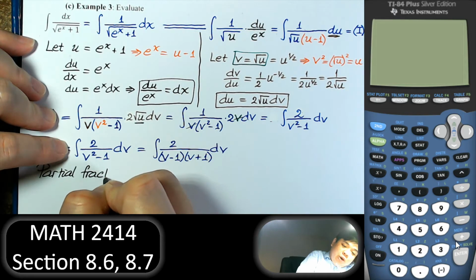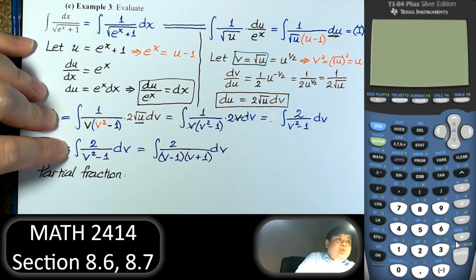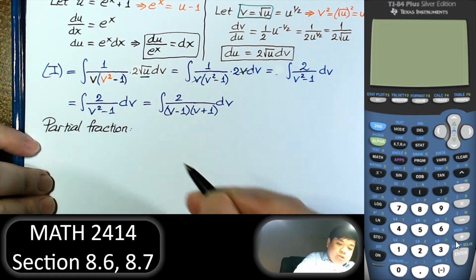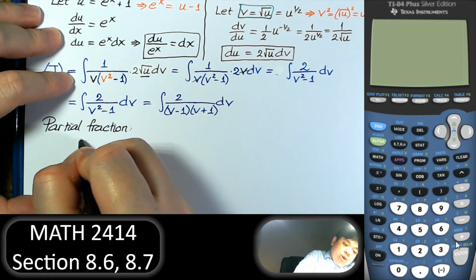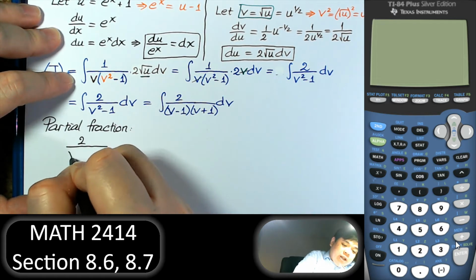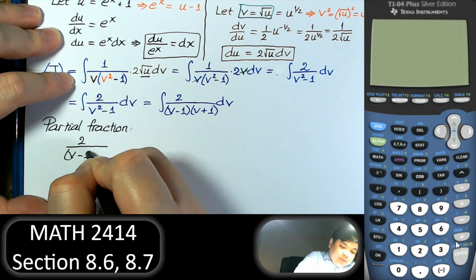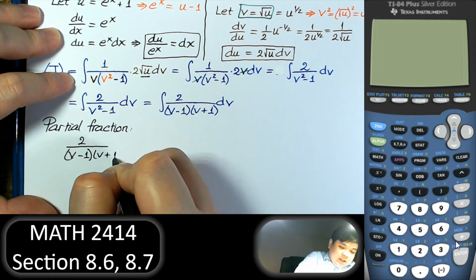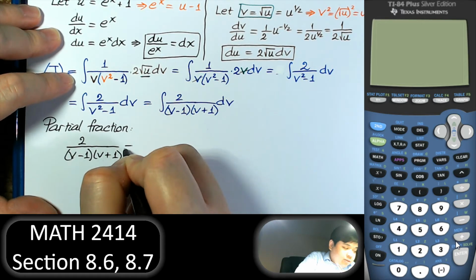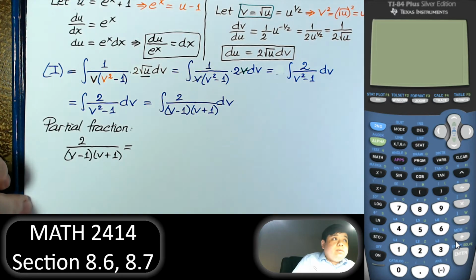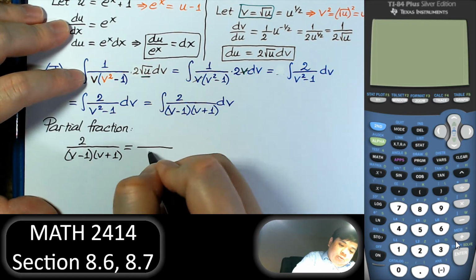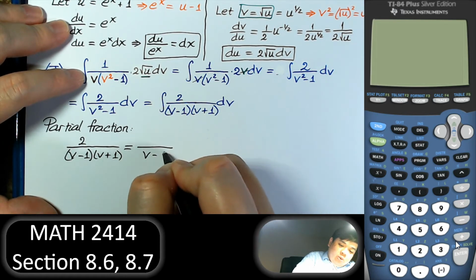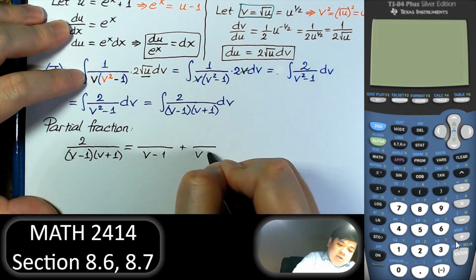So this is simple enough. We can do it by hand without the calculator. You will see. So we start with 2 over v minus 1, v plus 1, and there's two fractions of v minus 1 and v plus 1.